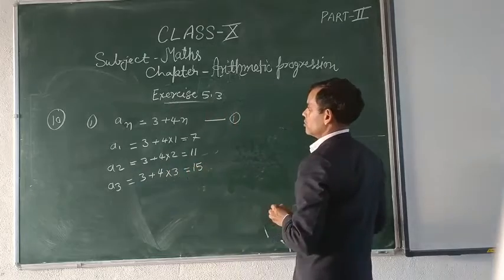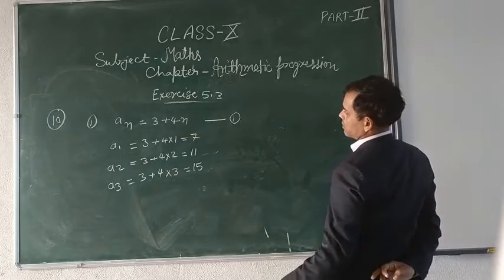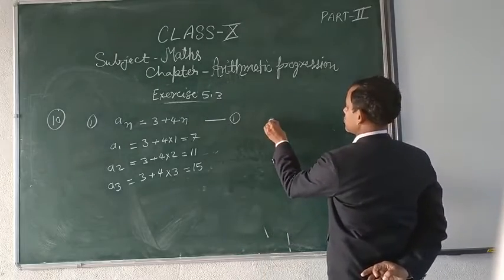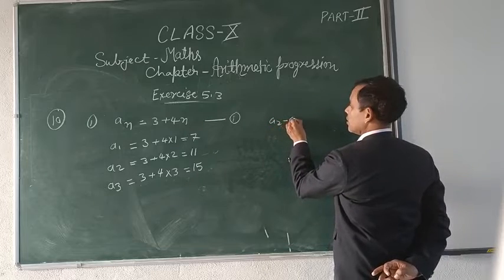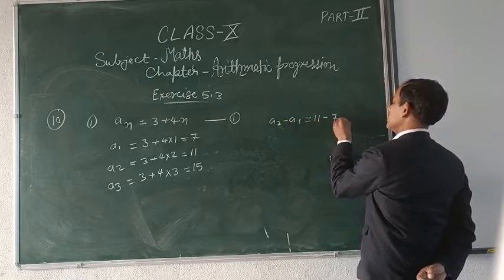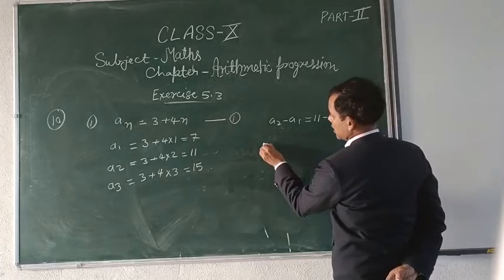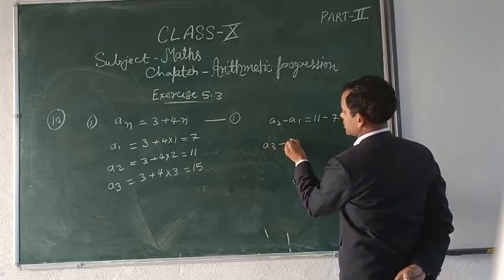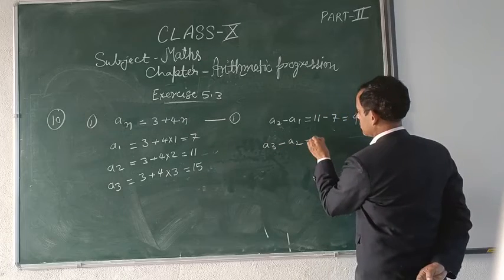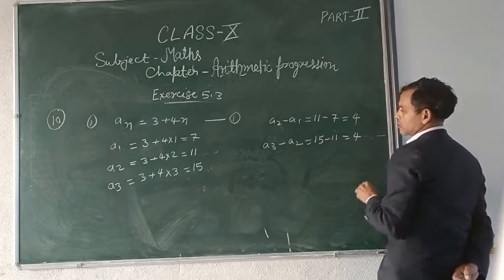Okay, now just see what is the difference between each term. Then we write a2 minus a1, which is 11 minus 7, it means 4, and a3 minus a2, which is 15 minus 11, it means 4.